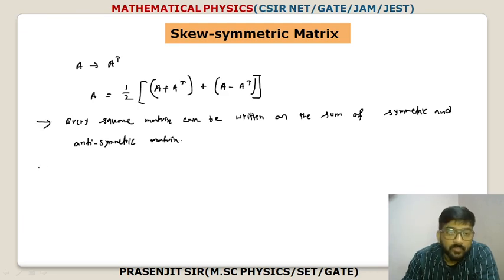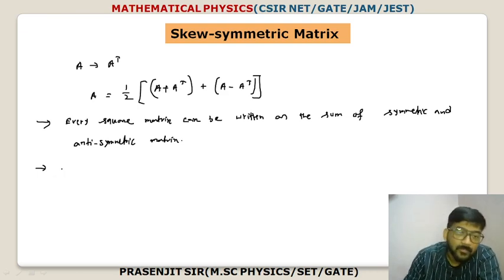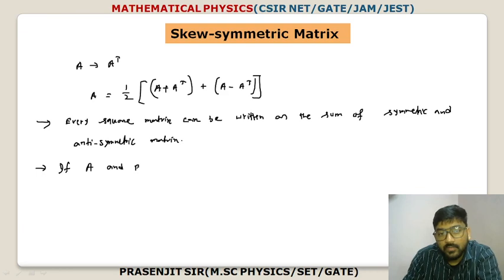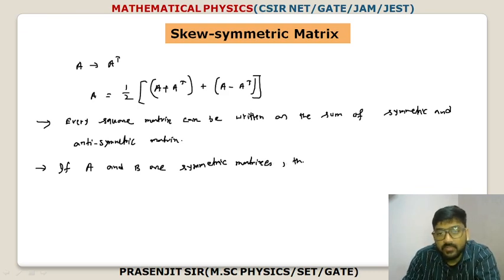And one more important thing: if A and B are symmetric matrices, then AB will be symmetric. But always it will not hold. When will it hold?